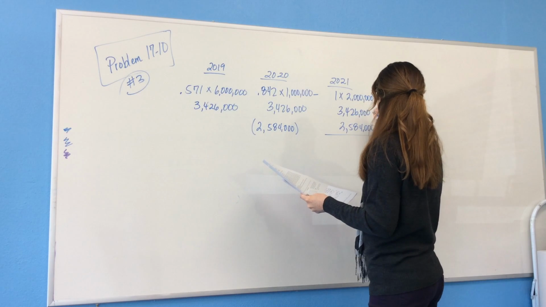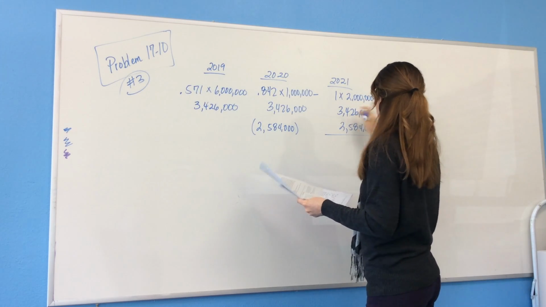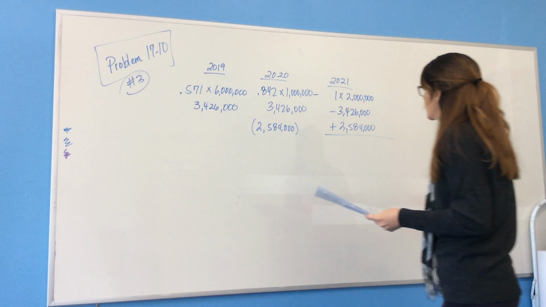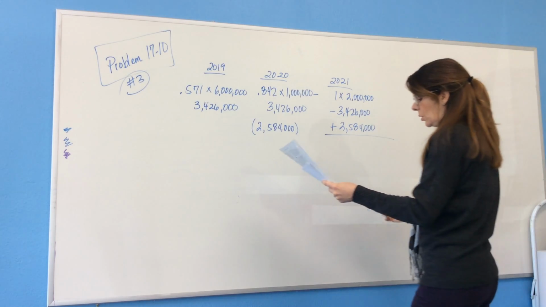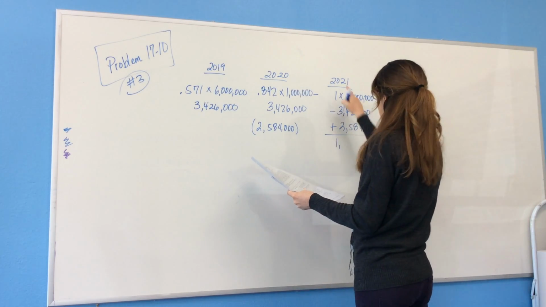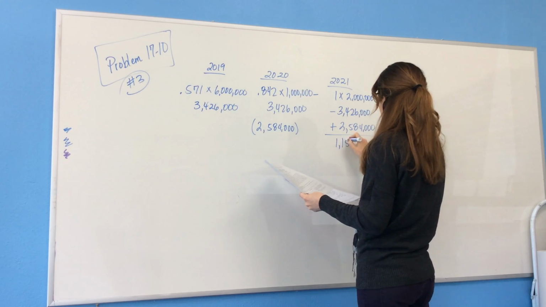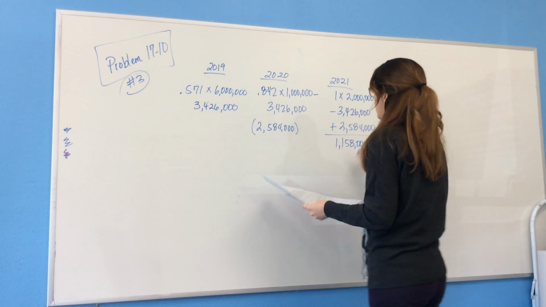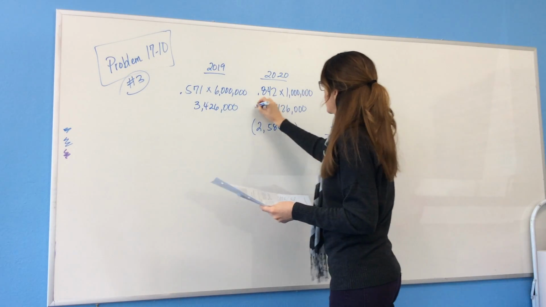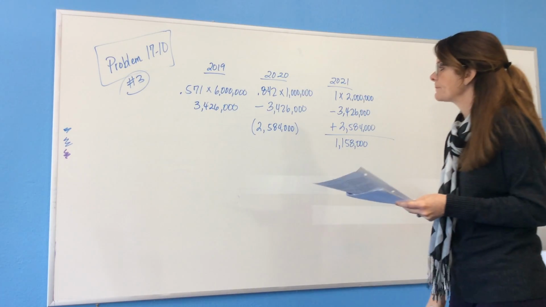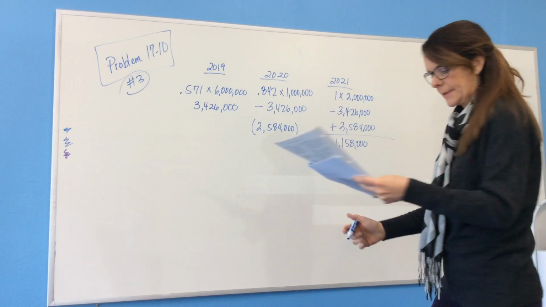Okay, so maybe I should do it this way. Subtract this, add that. Okay, so my total for net income for 2021 is 1,158,000. Compute it that way. Here, if we do this, minus that.